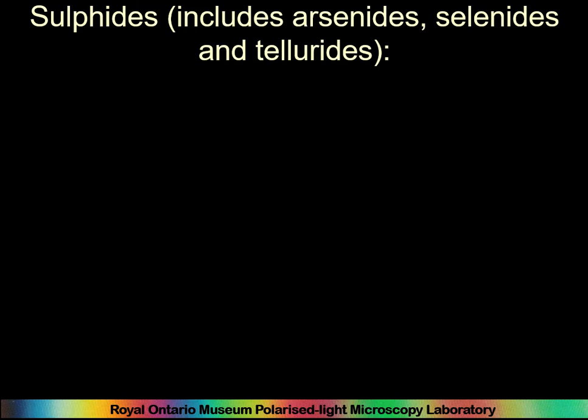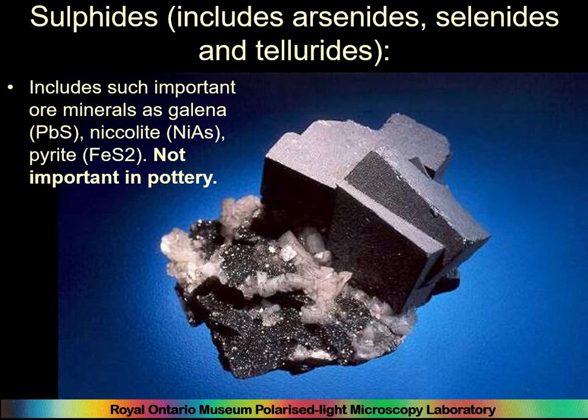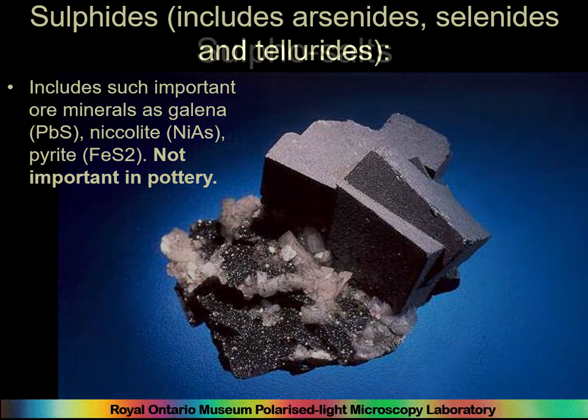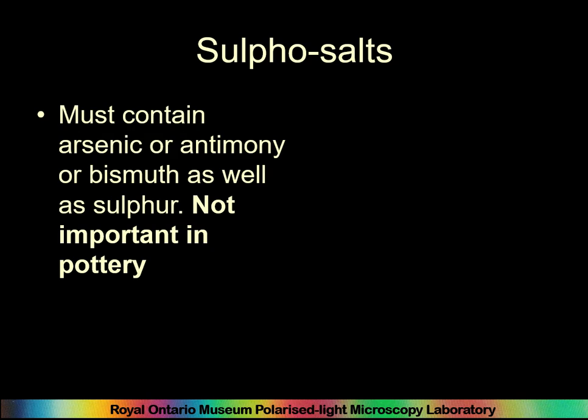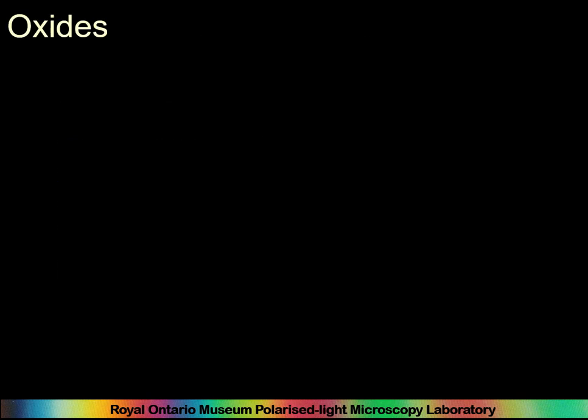Then there are the sulfides, like arsenides and tellurides and things like this, which are very important ore minerals. Things like galena, pyrite, nickelite, very important, but not important in pottery. The sulfur salts are so important I couldn't even be bothered to find an example.